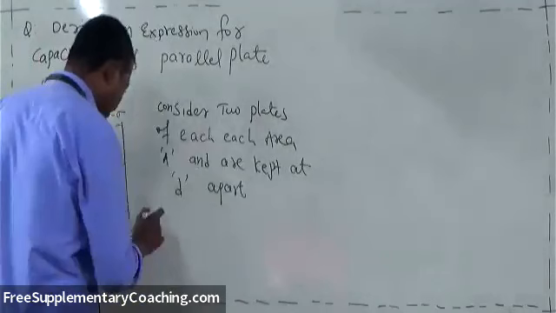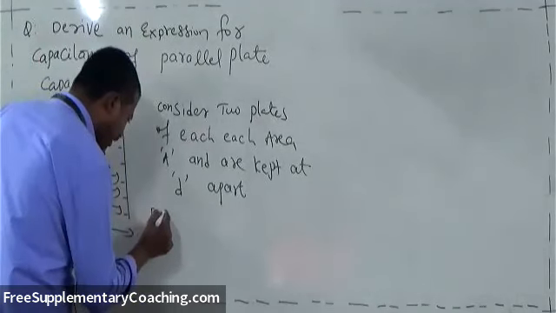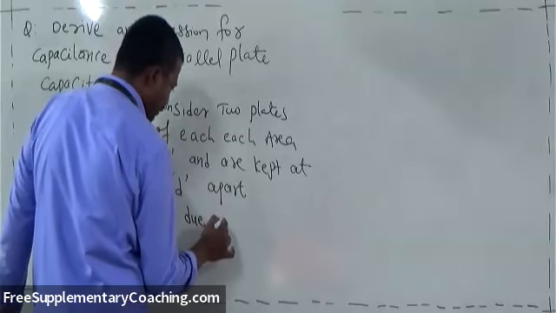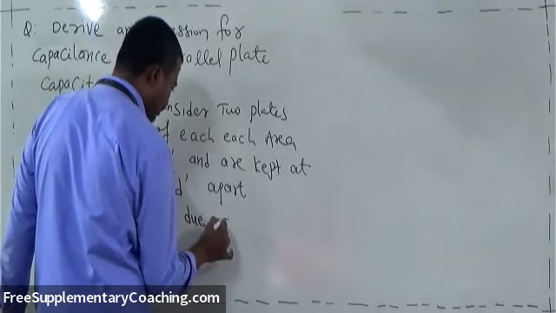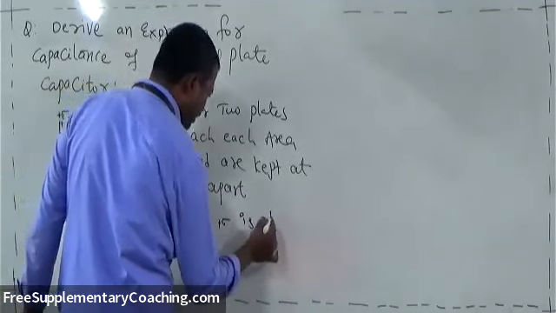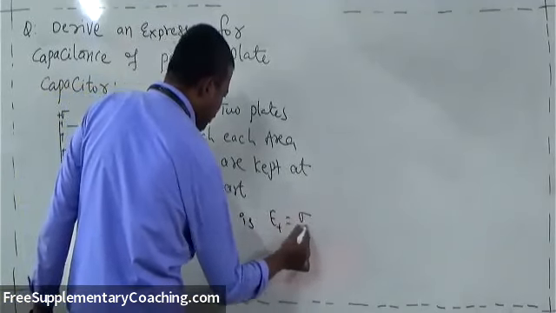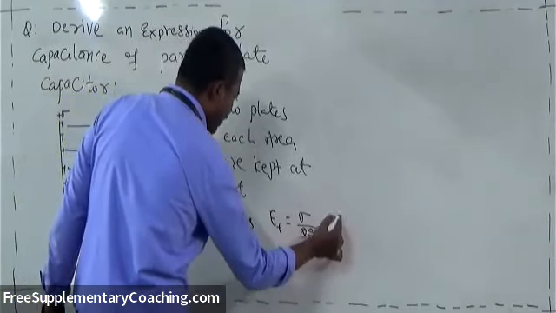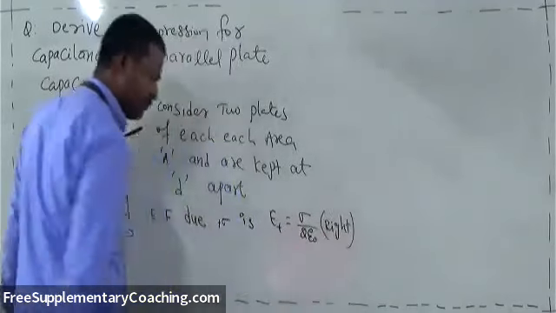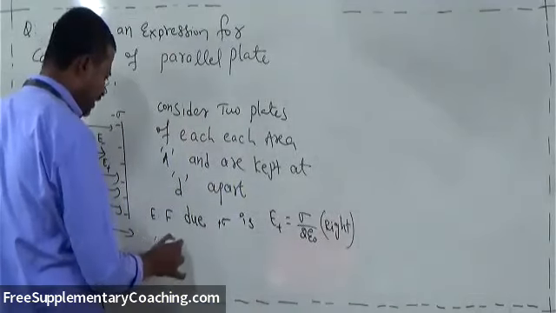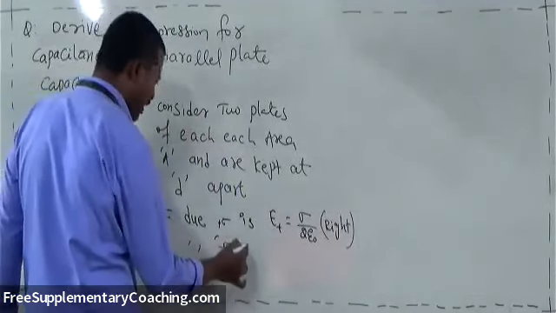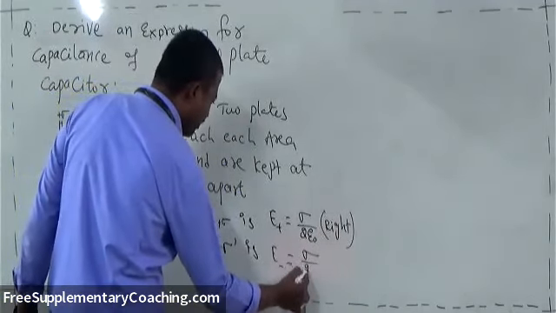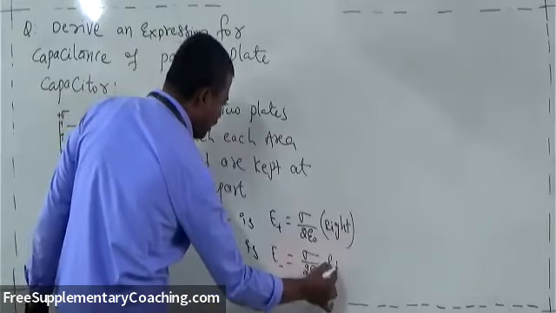Electric field due to plus sigma is E plus, that is sigma by 2 epsilon naught, to the right side as from the diagram. And electric field due to minus sigma is E minus, that is sigma by 2 epsilon naught. This is also right side.